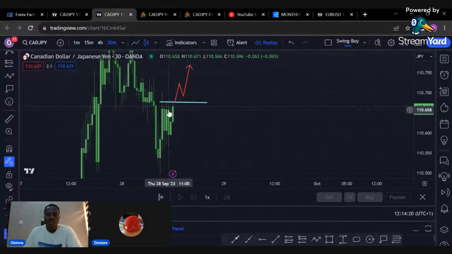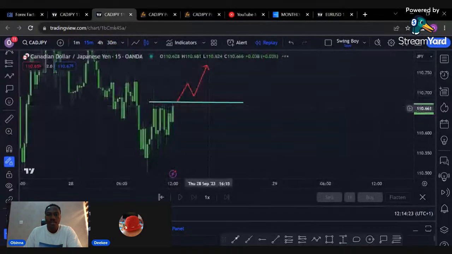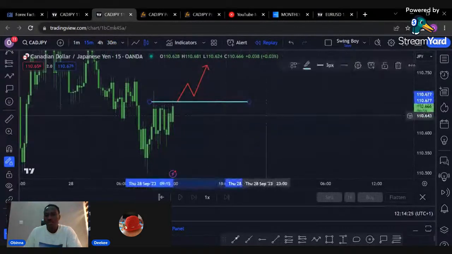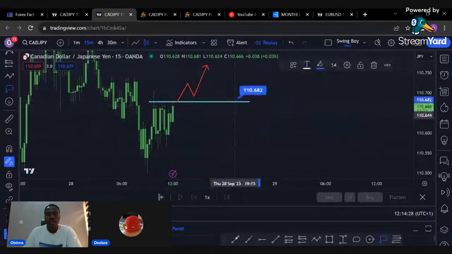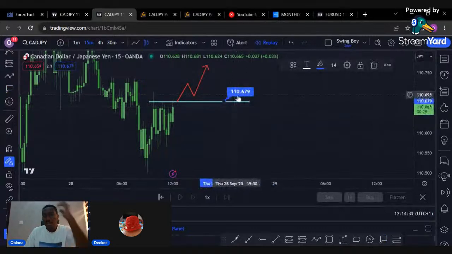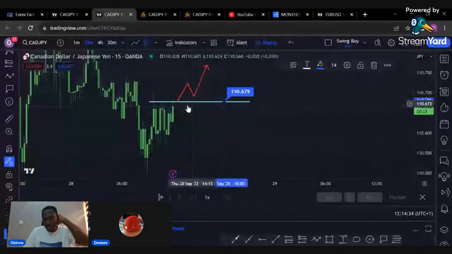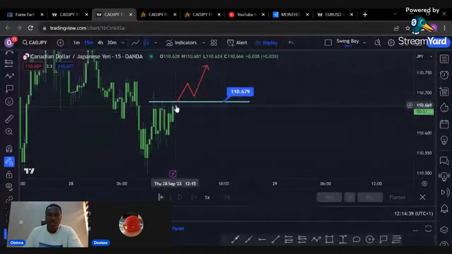So as long as price does not break this place, it's not still valid for buys. So price needs to break this place for it to be valid for buys. So that is 110.679. So price needs to break here so that the buys can be valid. But if price does not break this place, then the sells are still valid.